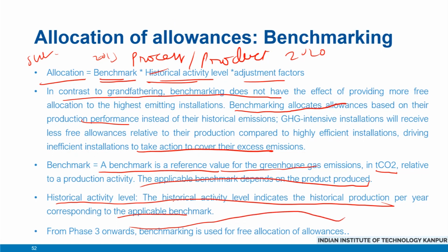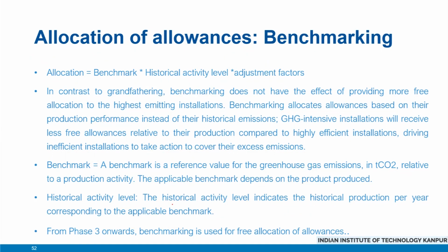So now let us quickly discuss some of the advantages. The main advantage of this approach is that it provides incentives for substitution within sectors by advantaging more efficient firms. First and foremost, this benchmarking approach has the advantage of severing the link between firms' emission intensity and allowances received.